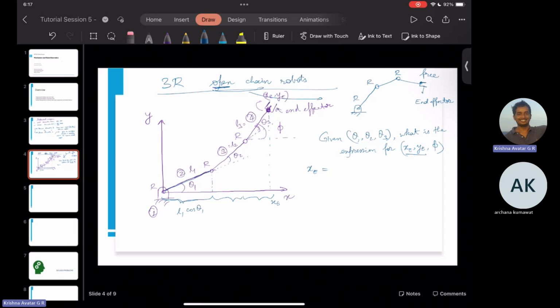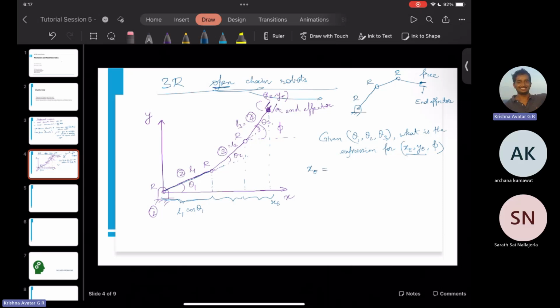Now, for link 3, how much does it project on the x-axis? For that, we need to find what angle link 2 makes with respect to the x-axis. The θ2 as given here is the angle made by link 2 with respect to link 1. Let's make a line parallel to the x-axis, and this is some angle.